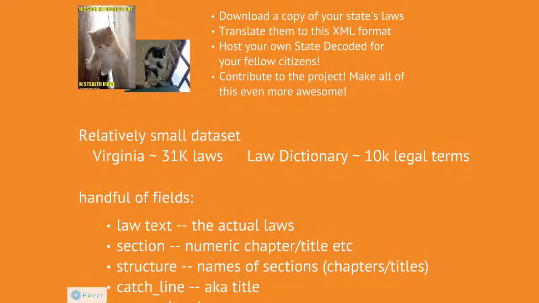So getting back to the search data, we have a very manageable data set for Solr. We have just 31,000 laws. Each law is roughly a couple of paragraphs. And to help people out, we've got a law dictionary of common legal terms. So what does guardian ad litem mean? That kind of thing when you encounter it in the law.